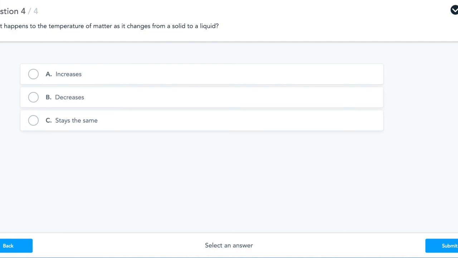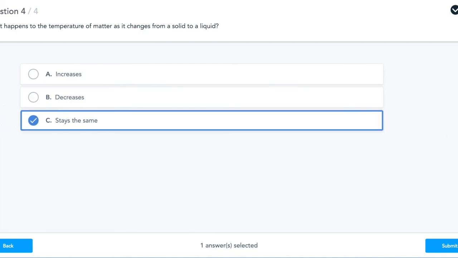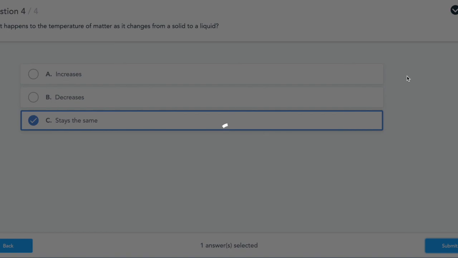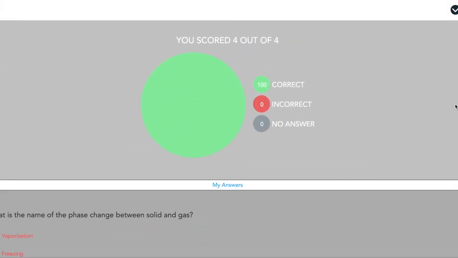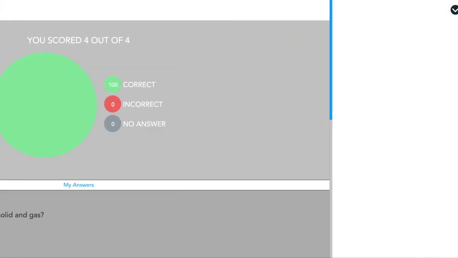Remember on our phase change diagram, that temperature only increases or decreases when matter is in one phase. If it is transitioning from one phase to another, that energy is going to the phase change and not a temperature change, and therefore it stays the same. If you answered your questions like that, you should have gotten 100%.